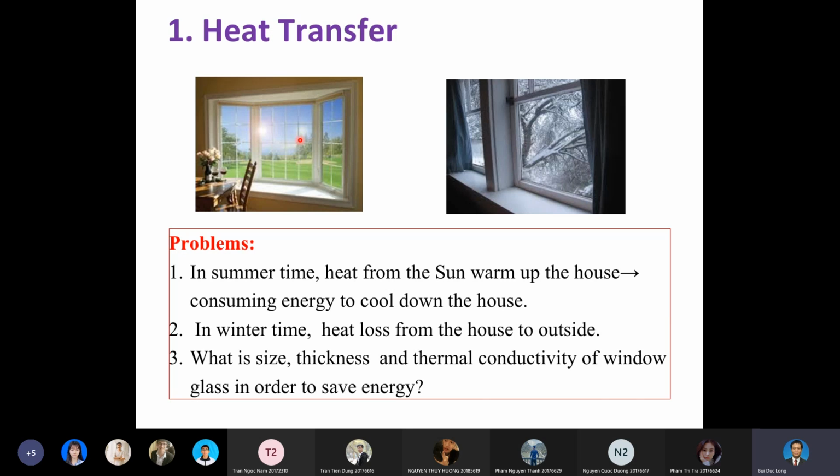Some glass has lower thermal conductivity, so it can insulate or isolate the house from the outside environment. Or you can design some kind of glass that has vacuum between layers, so it also prevents heat transfer. So these are many issues we need to know.